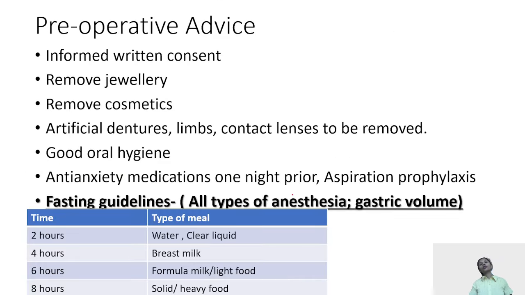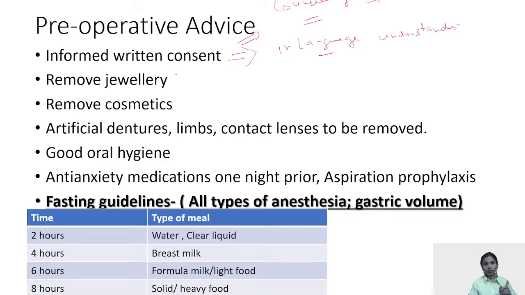Coming over to the pre-operative advice that has to be given to the patient. First and foremost, informed written consent in a language that the patient understands has to be taken. Okay, and this is the time when counseling of the patient also has to be done, so that the patient has realistic expectations from the surgery as well as anesthesia.